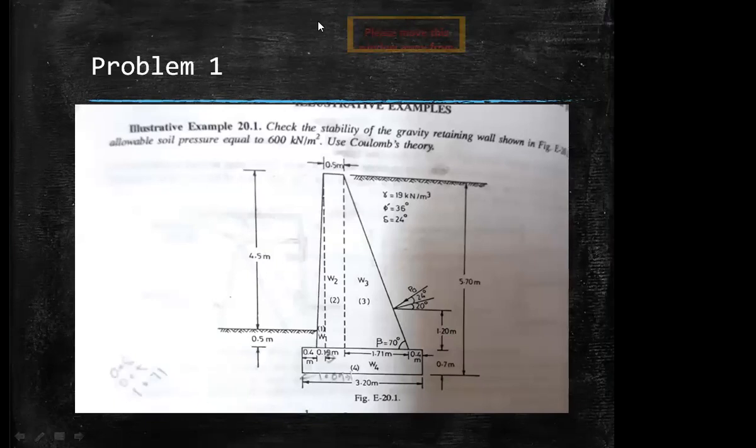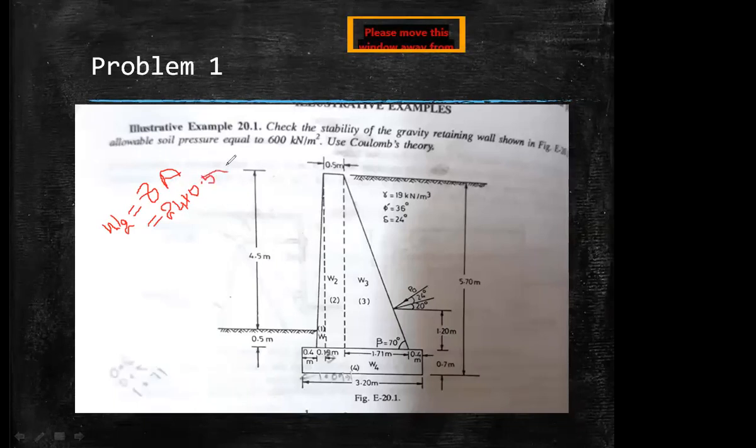So again, what is the formula that you have to use to calculate W2? Gamma into length into breadth, gamma into A. Gamma is 24, right? Area, as it is a rectangle, is base into height. So what is the base of the rectangle here? 0.5. What is the height? 5 meters, right?